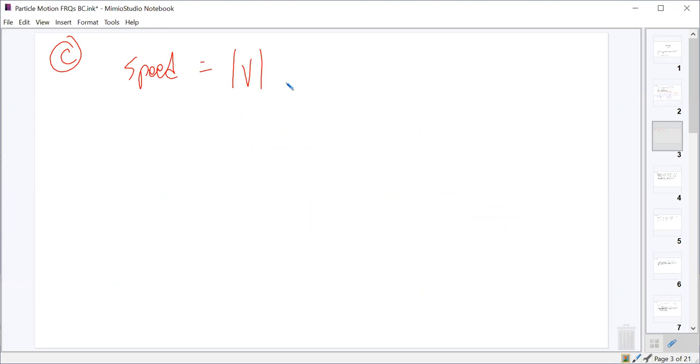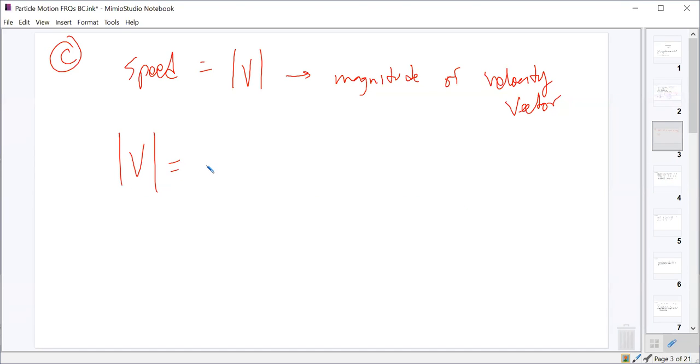So we are looking for the magnitude of the velocity vector. And all we have to do to find the magnitude of the velocity vector is the square root of the x component squared plus the y component squared.